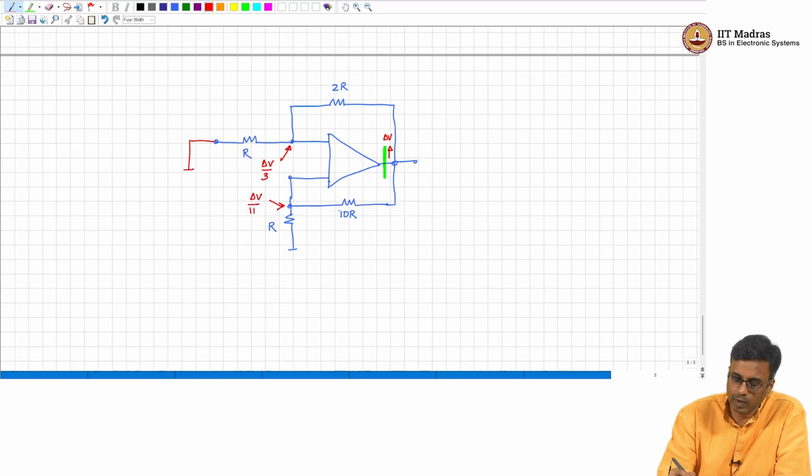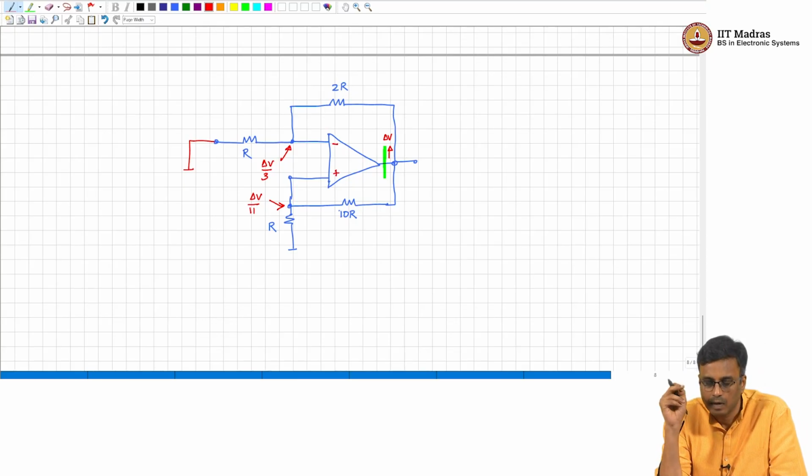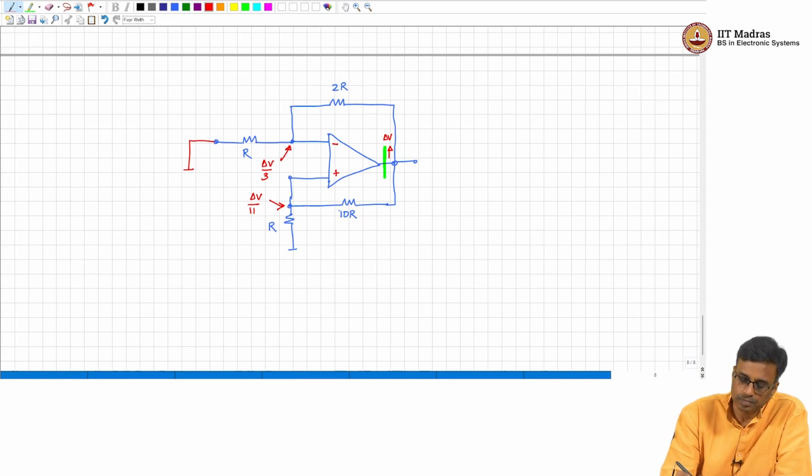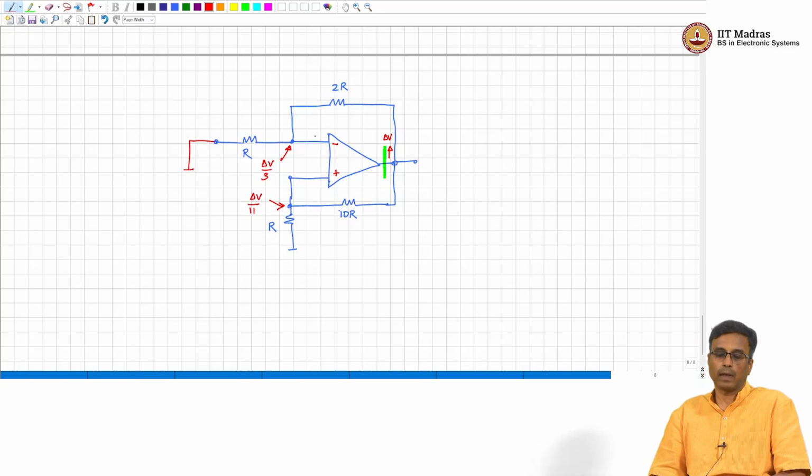Let us assume some arbitrary signs, let us assume that this is minus and this is plus. So, what is the difference voltage here?